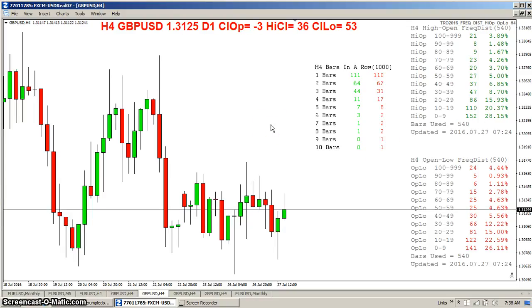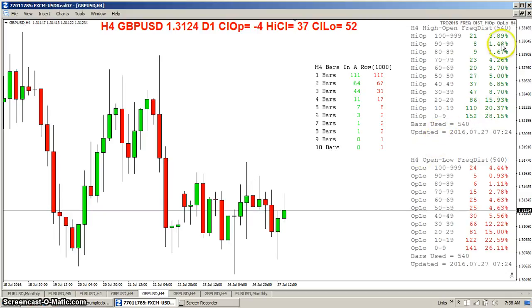Well, either way you could be a winner, but you look in here, you see there's a lot of wicks. Big, long wicks. And to me, that's profit potential. Because if we look at the distance between high and open, if we were to have gone long, what that means to me is those are pips I could have put in my pocket.